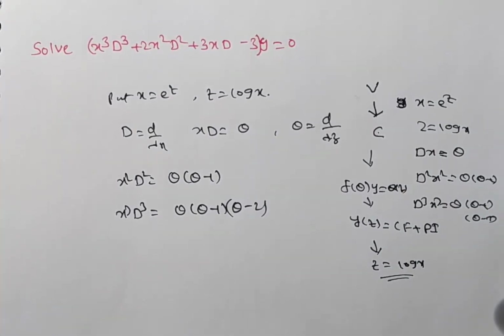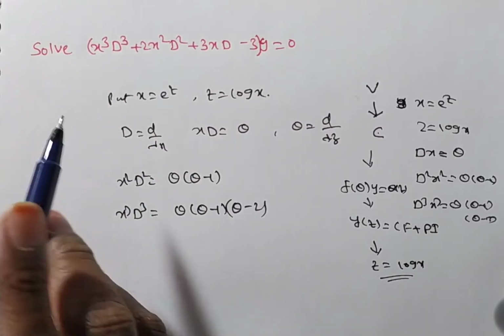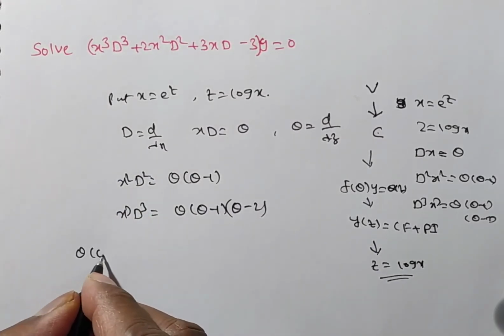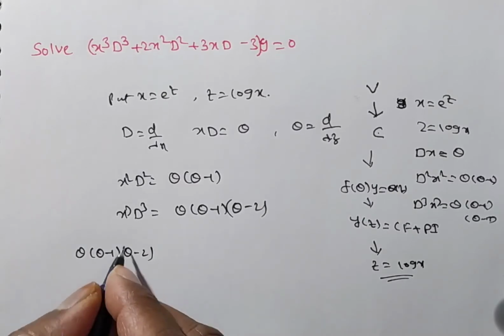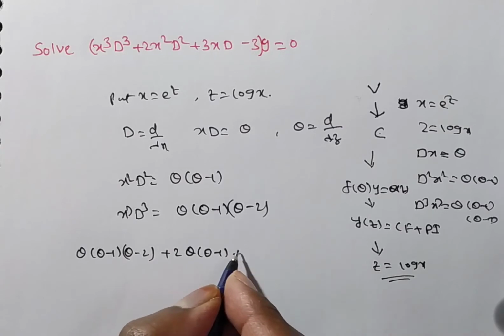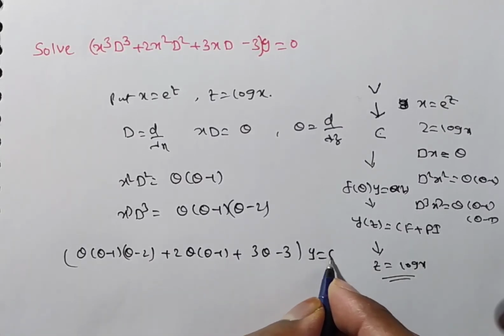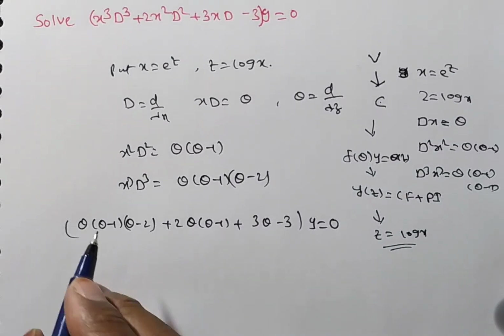Now we have to substitute all these values in the given problem. Then x³D³ is θ(θ − 1)(θ − 2), plus 2 times x²D² which is θ(θ − 1), plus 3θ − 3, into y is equal to 0. Now we have to simplify this.